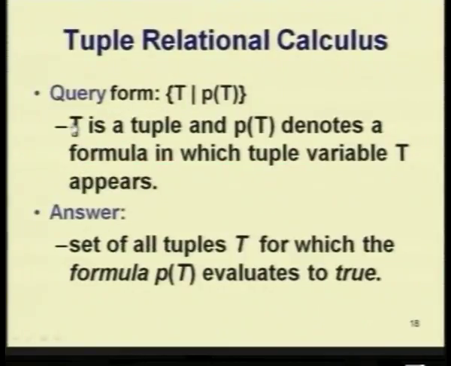So, the query is of the form {T | P(T)}, a predicate containing T. T is a tuple, and I will get all tuples for which this predicate is true. T is a tuple and P(T) denotes a formula in which tuple variable T appears, and the answer to the query is the set of all tuples T for which this predicate or formula P(T) evaluates to true.